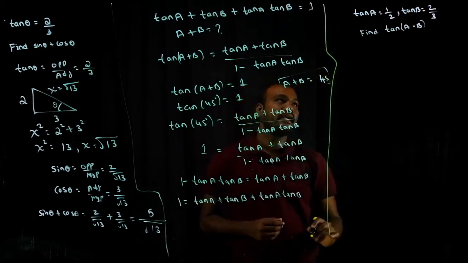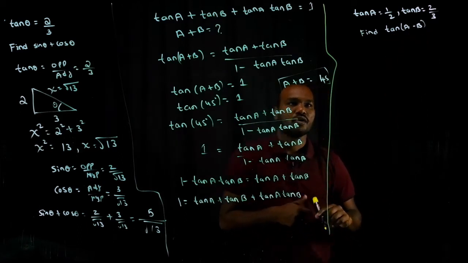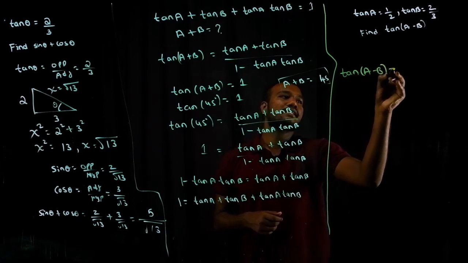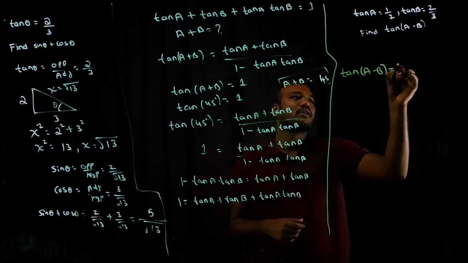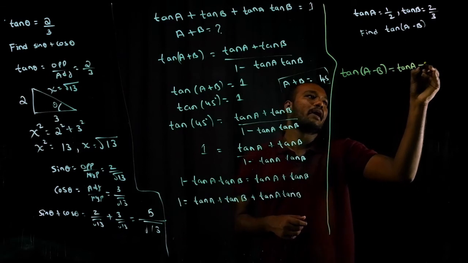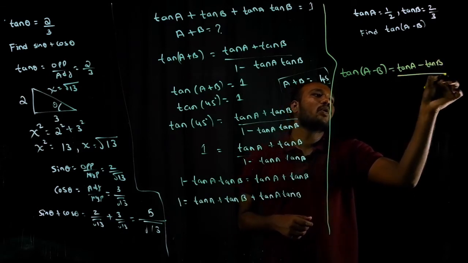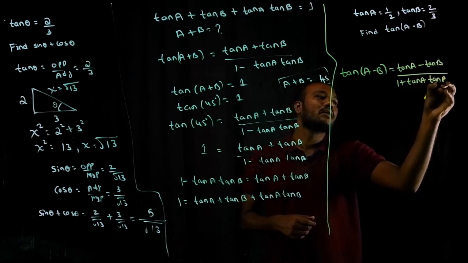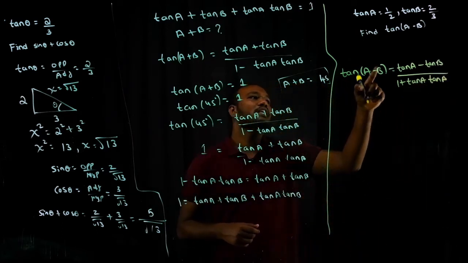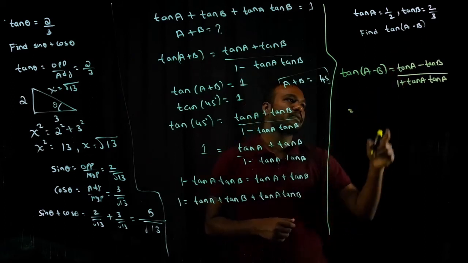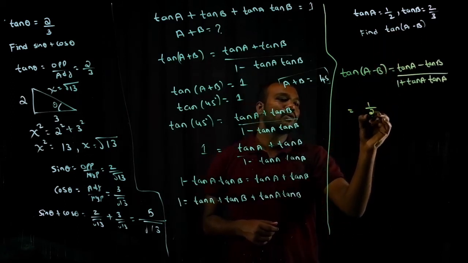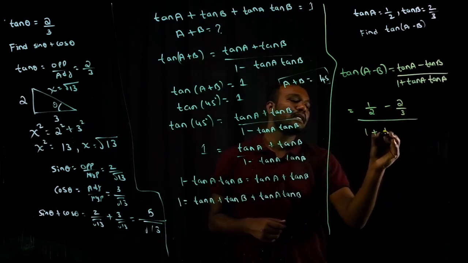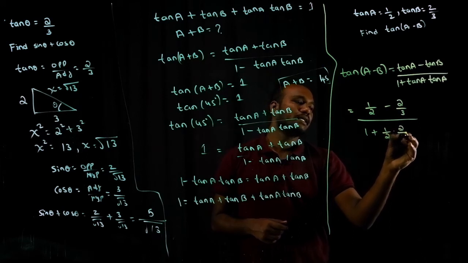They're asking you to find tan of A minus B. So we know the formula, tan of A minus B is equal to tan A minus tan B over 1 plus tan A tan B. So let's find out tan of A minus B: 1 by 2 minus 2 by 3 divided by 1 plus 1 by 2 times 2 by 3.